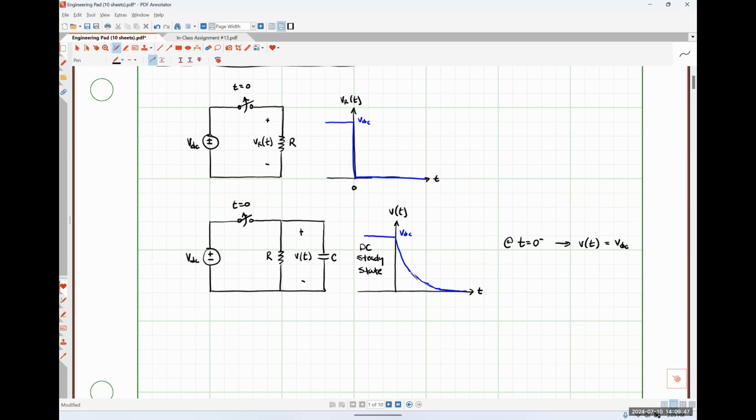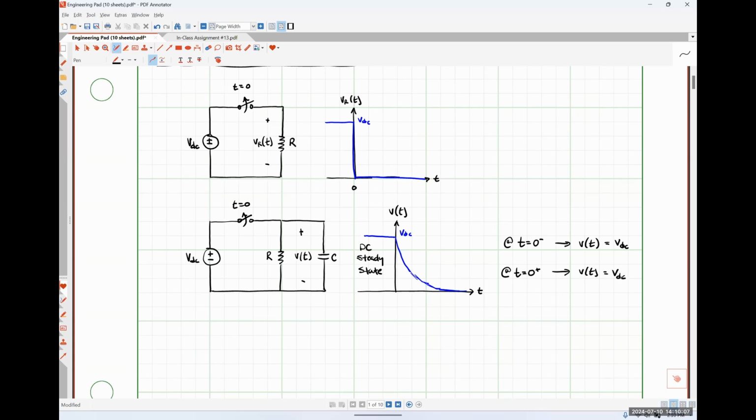The instant before our switch opens up, the voltage drop across our capacitor will be VDC. And the instant after the switch opens up, which I'm going to call t equals 0 plus, our voltage will continue to be VDC.